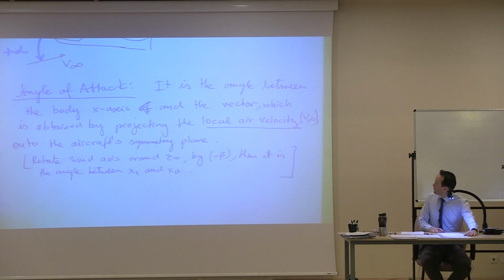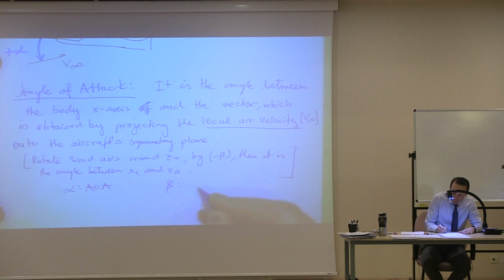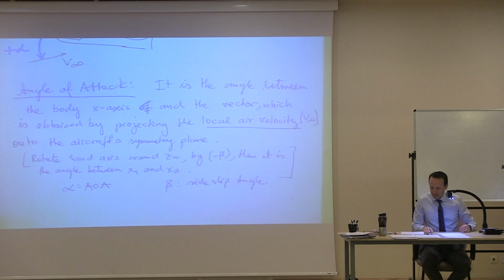Okay? So that's the definition of angle of attack. Where in this definition, alpha is angle of attack, we sometimes write it like this, and beta is what we call the side slip. Okay, that's the side slip angle.